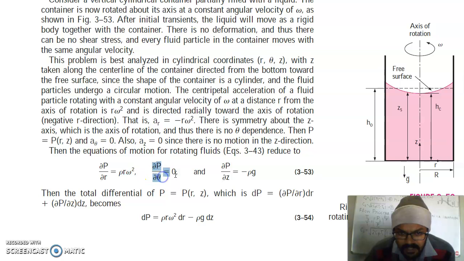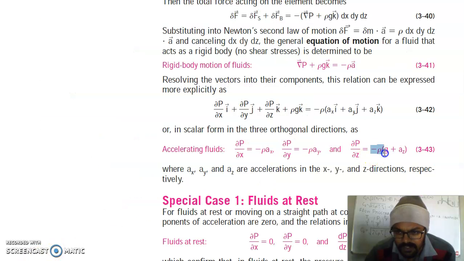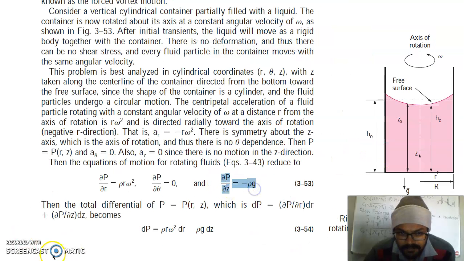In case of theta, it is 0 because of the symmetry about the z axis, so there is no theta dependence. And then del p by del z is equal to minus rho g. So this rho g is due to the weight of the liquid, due to gravity.